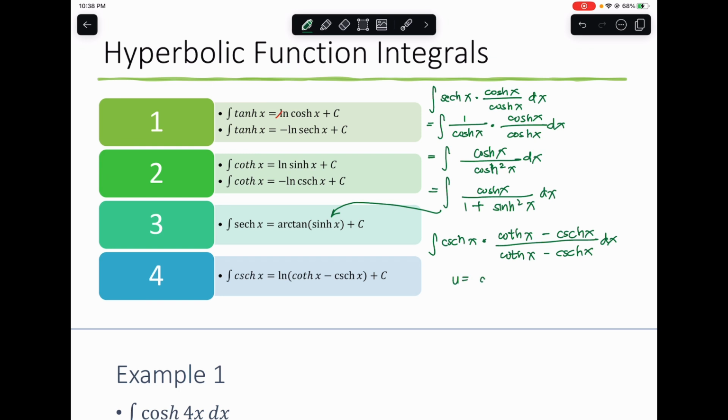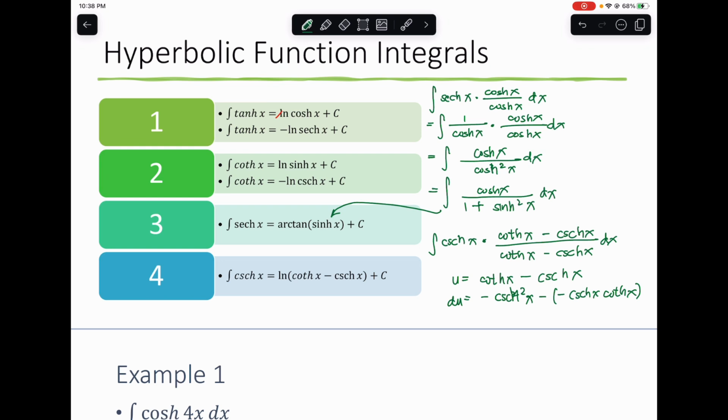So u is hyperbolic cotangent x minus hyperbolic cosecant of x. So our du would be negative hyperbolic cosecant squared x, then minus, so cosecant is negative hyperbolic cosecant x hyperbolic cotangent x. Then all of that would be multiplied with dx.